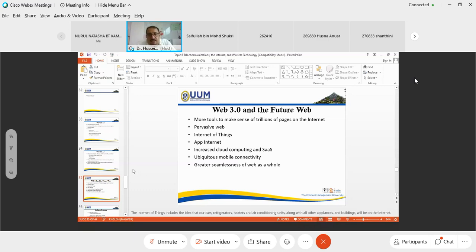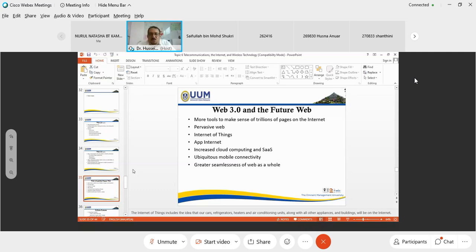Internet of Things. This is how we can connect single devices to the internet and applications. Add internet, increase cloud computing and SaaS. What is SaaS? And what is cloud computing? You have to know that cloud computing means services or programs that we can get through the internet.